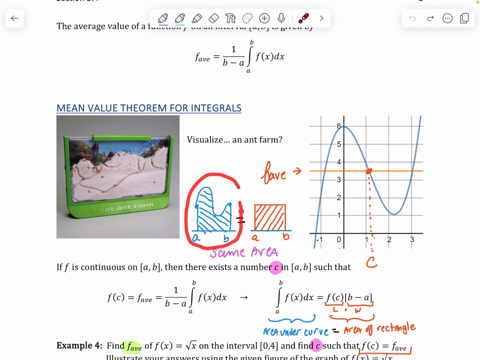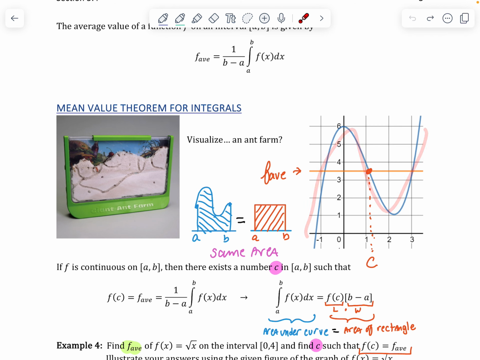Now, we know an integral can give us the area under the curve from an interval a to b. But that same interval, if we had a uniform height, not a varying height, then there would be area under that curve from the same interval, and these two need to be equal.